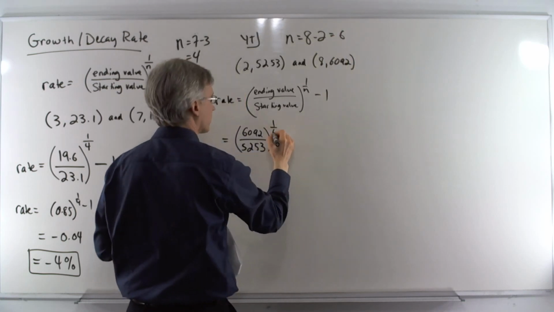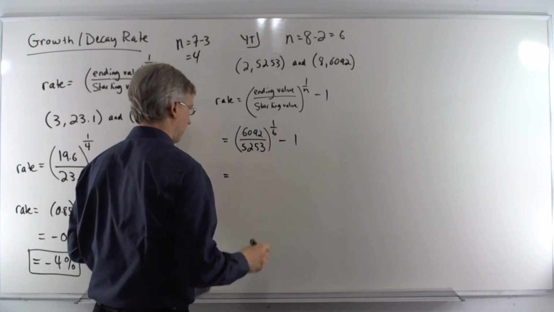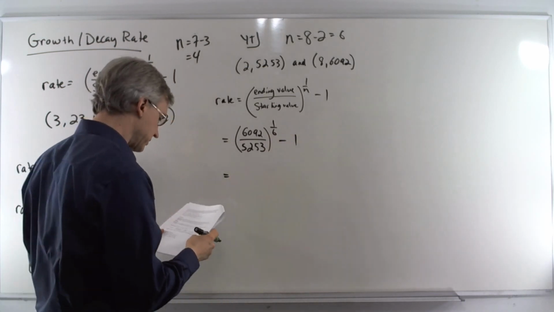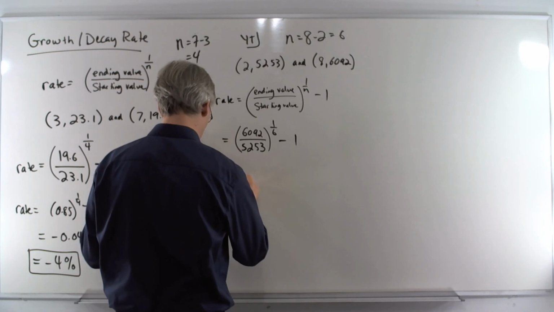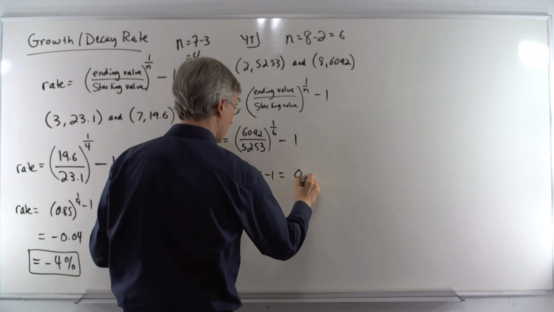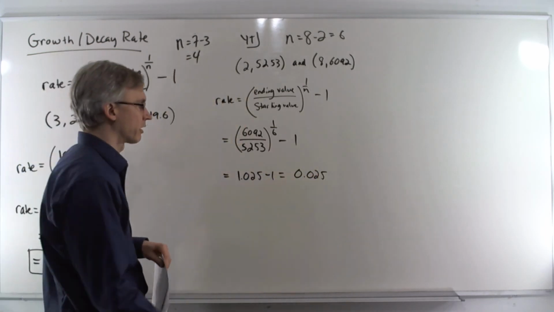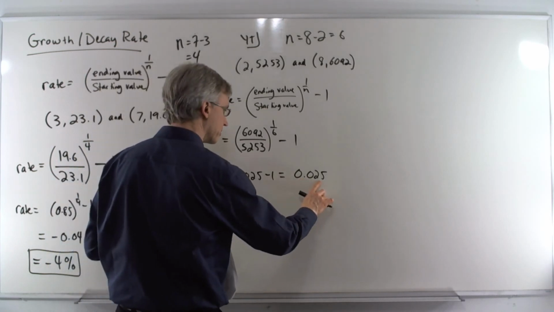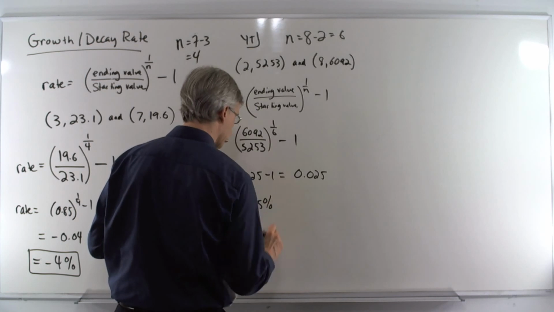So that's 1 over 6 is the exponent, and we'll subtract 1 from that. So calculating this out, we get 0.025. Now converting this to a percent, move the decimal 2 to the right, and we get 2.5%.